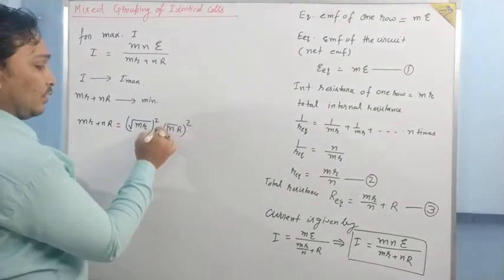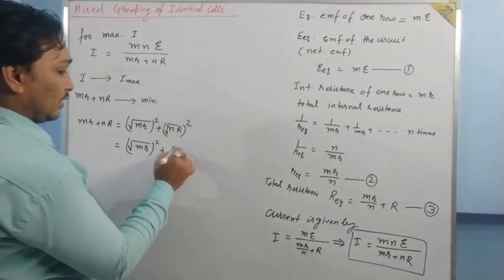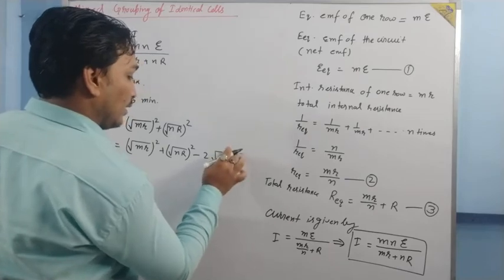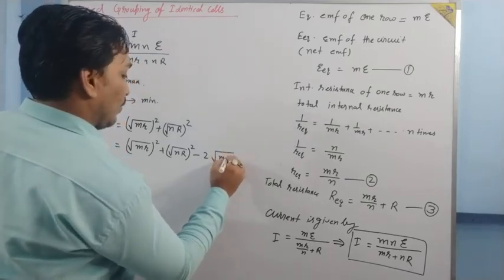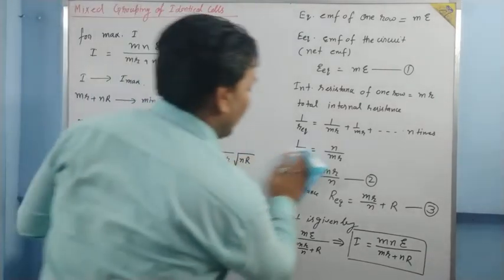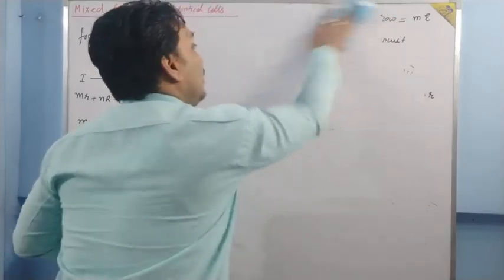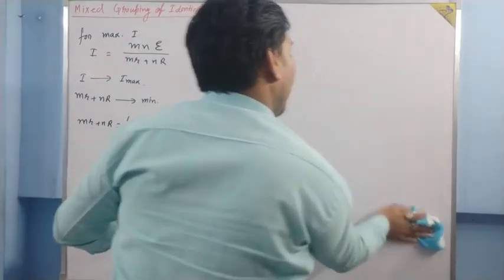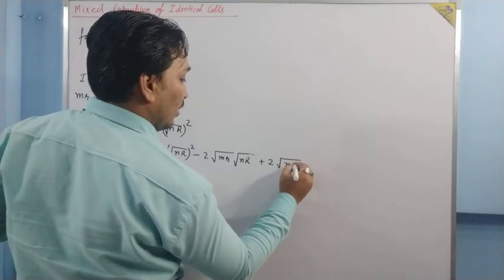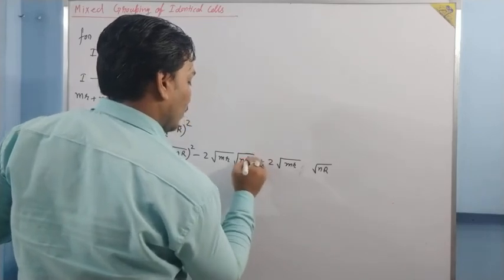Now this can also be written as root mr whole square plus root nR whole square minus 2 root mr root nR, plus 2 root mr root nR.